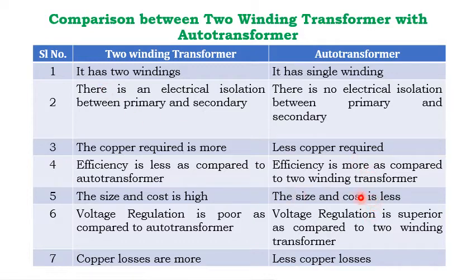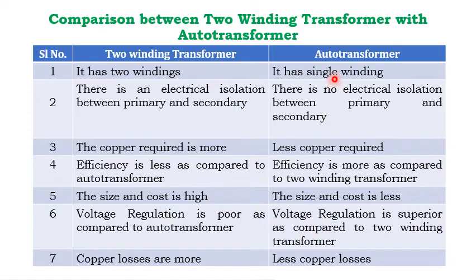If you consider the cost, the cost of an auto transformer will also be lesser. Now voltage regulation is poor in case of a two winding transformer.